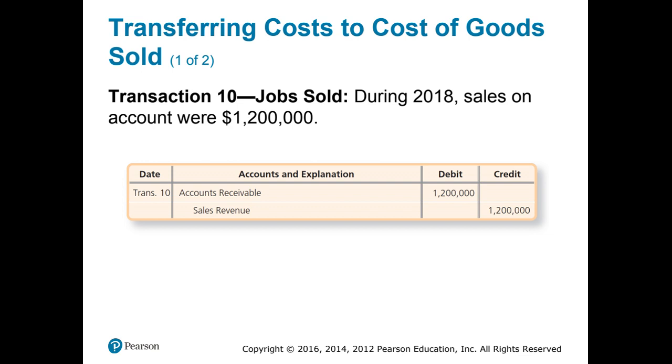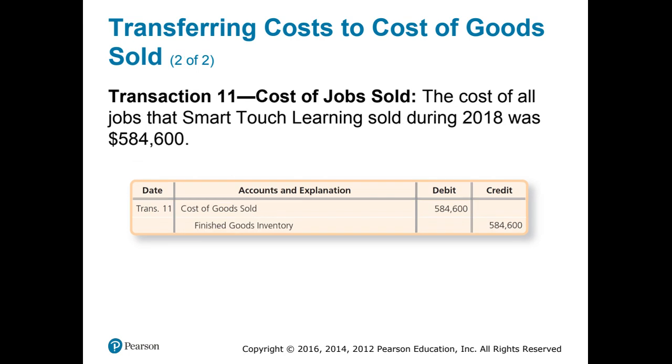And then during 2018, the tablets were sold on account. To record that sale, we're debiting accounts receivable, and we're going to credit sales revenue for $1,200,000. The goods have been shipped to customers.